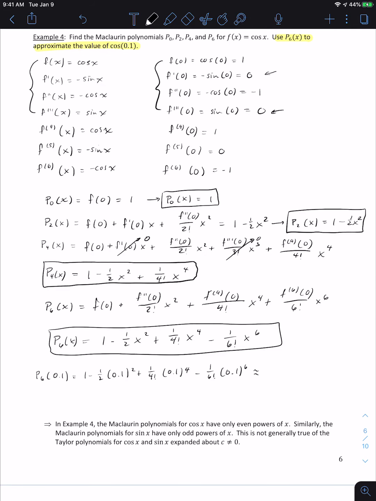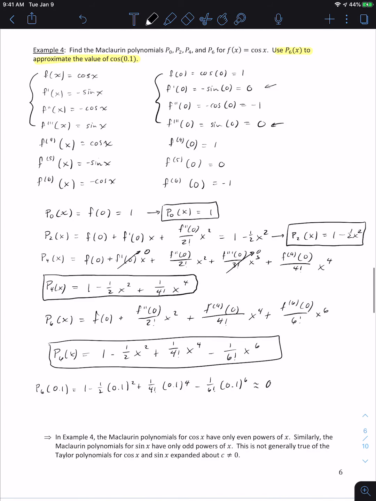And that's going to give me this approximation, 0.995004165. Now the actual value is cosine of 0.1. If you plug that in a calculator, that is really, really close. I don't have it off the top of my head, but it's very, very close.